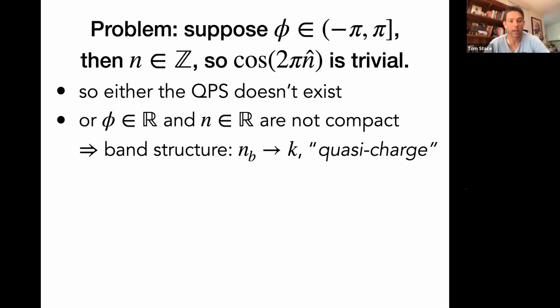And so if I have a charge operator n whose spectrum is the integers, then cos 2 pi n is equal to 1. So that's a statement independent of n: this operator will just equal 1 for all n in the integers.